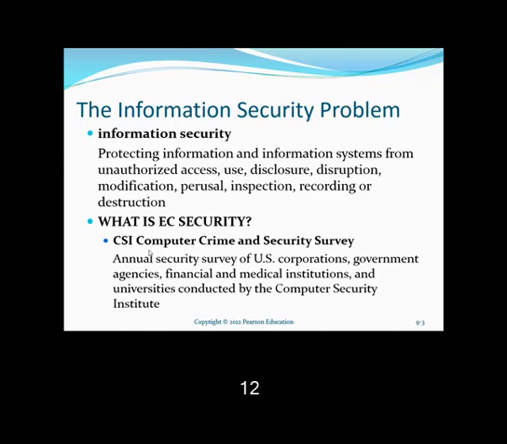So the attack and defense of computers can affect not only individuals but also the organizations that are involved in e-commerce. So computer security aims to prevent or at least to minimize the attacks. Okay, because we cannot prevent it 100%, but at least we can minimize the attack.